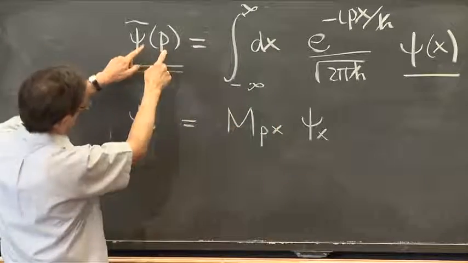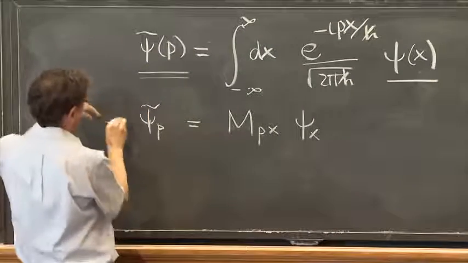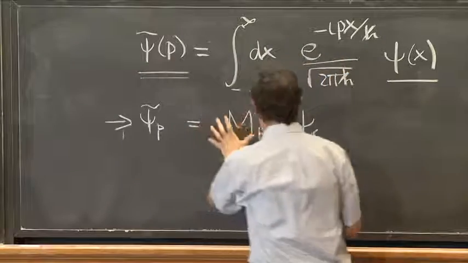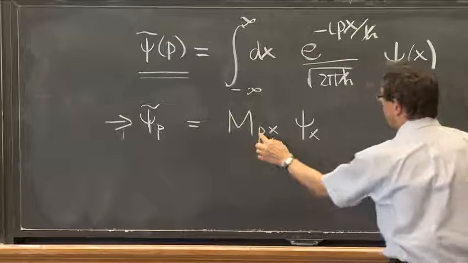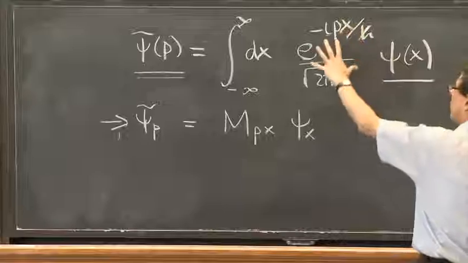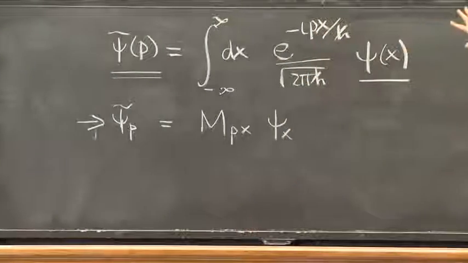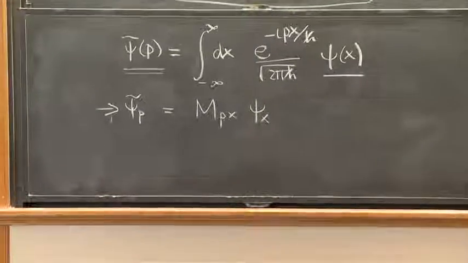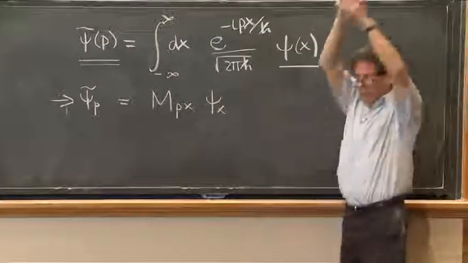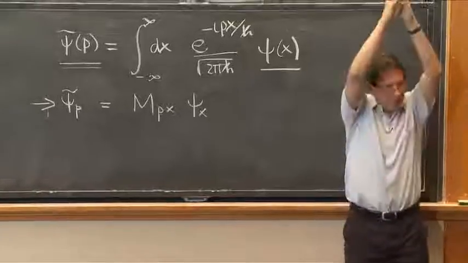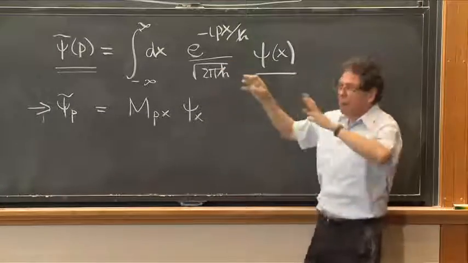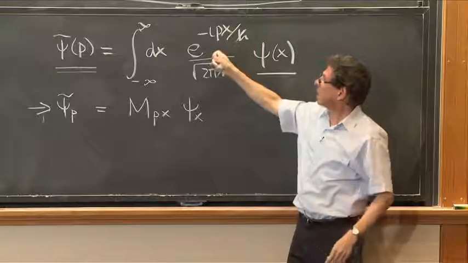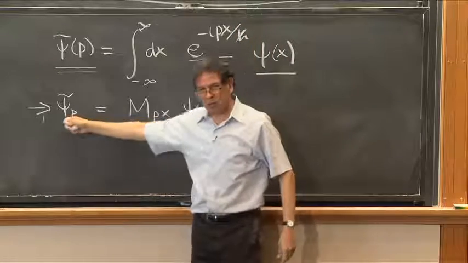So here is what it more or less is like. Psi tilde of p is obtained by this, and this matrix depends on two labels, p and x. It's a matrix full of phases. So how do you pass from the coordinate representation of the information, a vector of all values of the wave function in all positions? By multiplying with this matrix of phases that is here, and it gives you this representation.